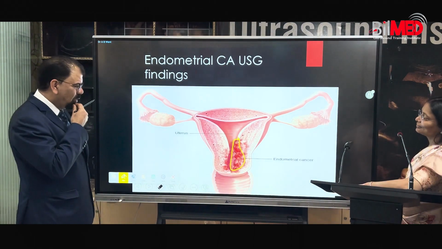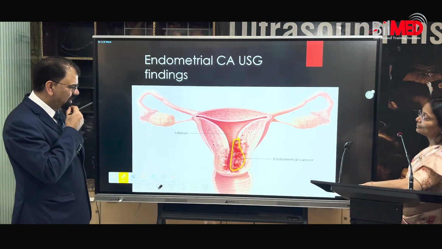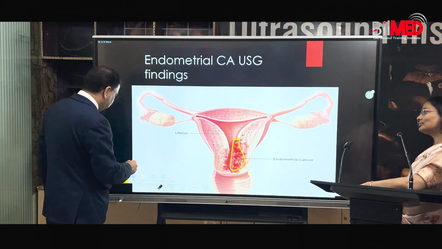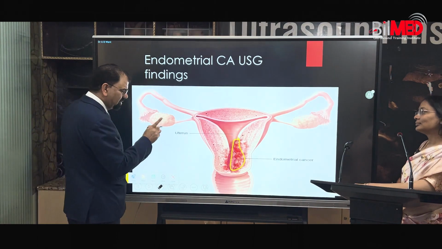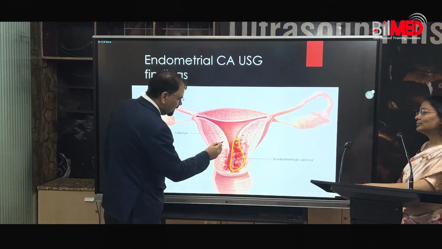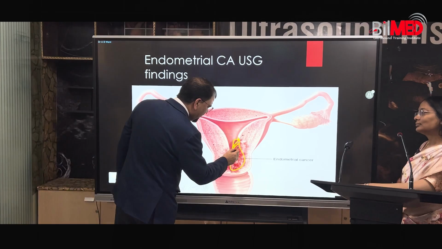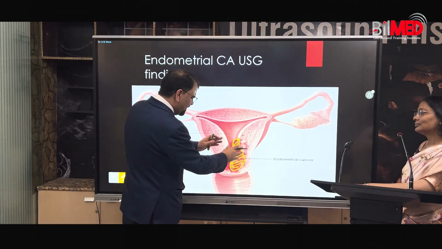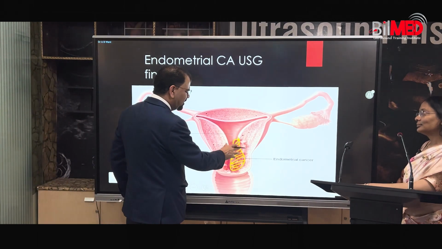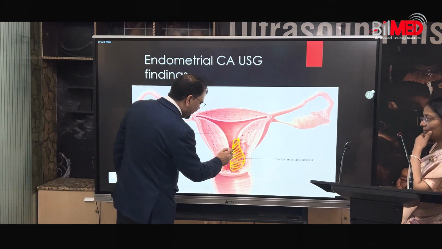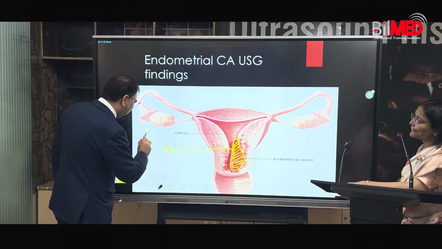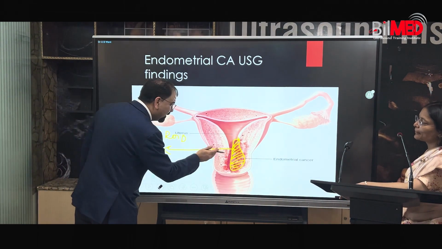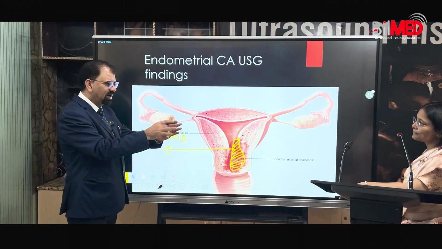If I am having a polyp, try to understand. Let me draw this. First of all, I may have a lesion over here, inside the endometrial cavity or touching the endometrial cavity. Can this not be a fibroid? First, I am seeing a mass over there, a lesion over there.